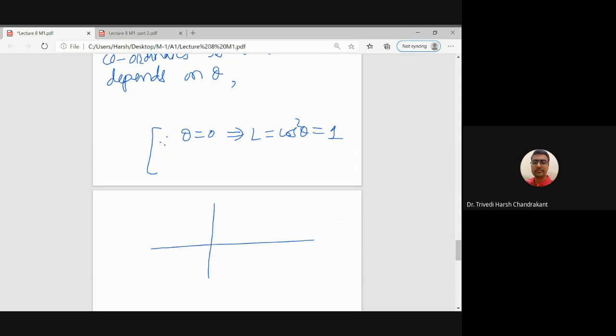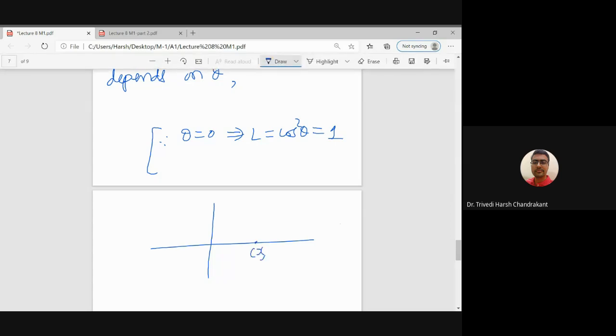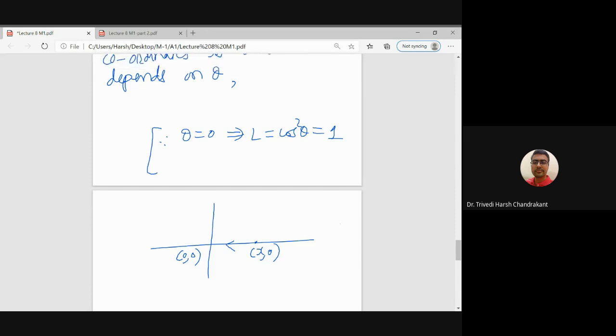If we see in the diagram, θ equals 0 means our point is on the x-axis, right? (x, y) where y is 0, because our angle is 0 here. So our point (x,y) is approaching (0,0) along the x-axis.